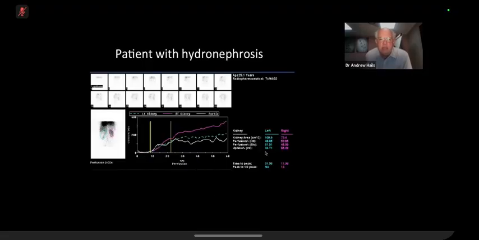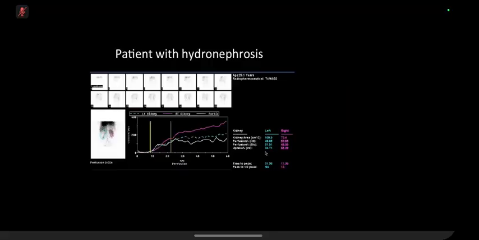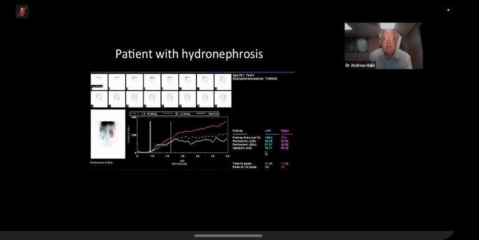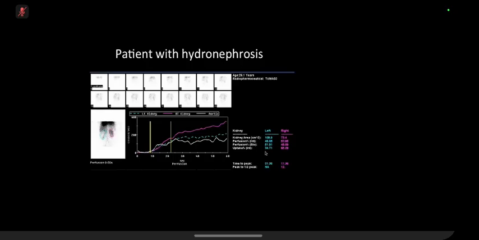Now, this person, it says they have hydronephrosis, so they probably found they had hydronephrosis from an ultrasound. So what have we got here? So this is a MAG3 study, and you have extreme uptake of the tracer in both kidneys.